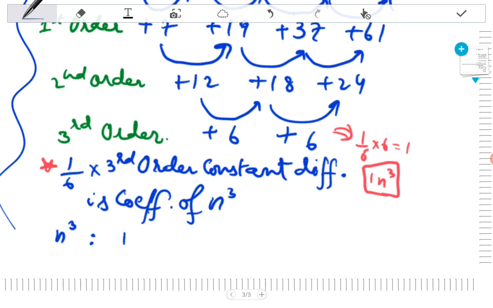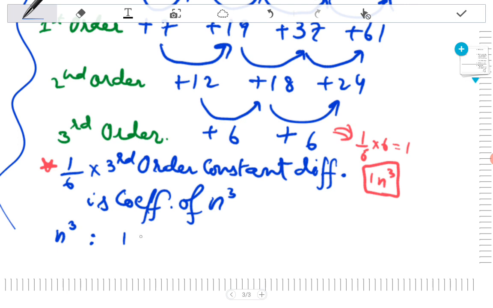If the second order difference comes constant, it is actually a quadratic formula behind, so half of that second order constant difference becomes the coefficient of n square. In case of a cubic sequence, you make 1/6 of the third order constant difference the coefficient of n cube. This is what I did here. 6 was coming constant in the third order, so I made 1 n cube, or simply n cube, the first term of the formula.